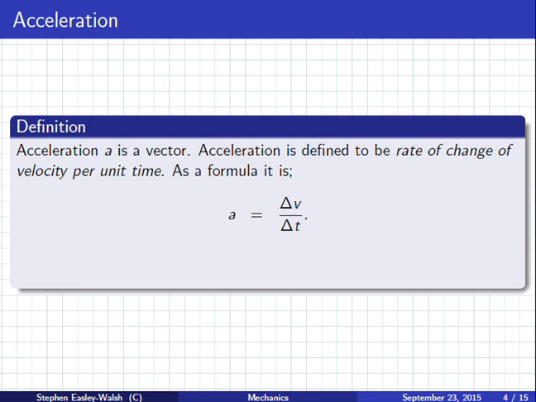So for example, if you are in a car and the car is going at 100 kilometers per hour and then the speed increases to 120 kilometers per hour, we say the car has accelerated. Accelerated means change the speed or change the velocity. So accelerate is a verb. It's a verb that means change the velocity. Okay?